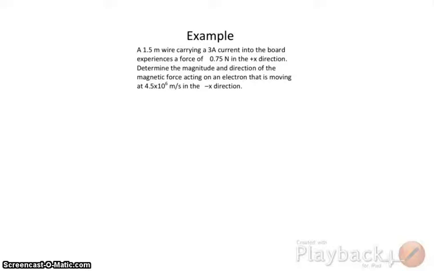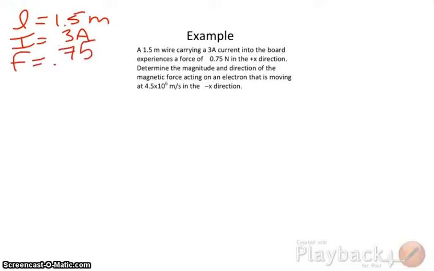Let's look at an example. A 1.5 meter wire carrying 3 amps of current. So L equals 1.5 meters, I equals 3 A. It experiences a force of 0.75 newtons in the positive x direction.